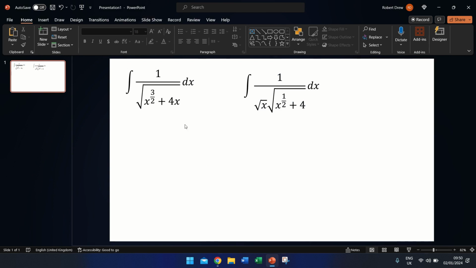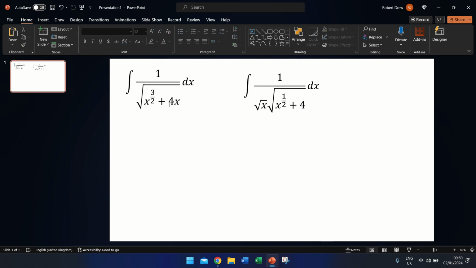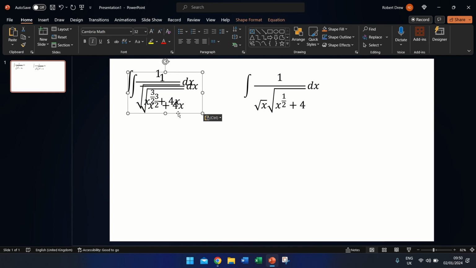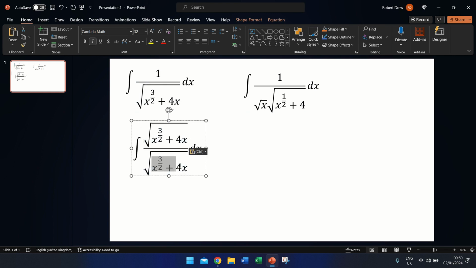You could think about some kind of partial fractions, but the roots get in the way. You could try eliminating the roots, I guess, but I don't know how that would be helpful. If you times top and bottom by that root, you'd end up with something that looks like this. I don't know how this will be helpful either.